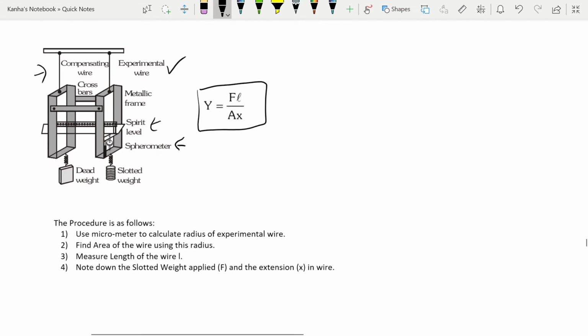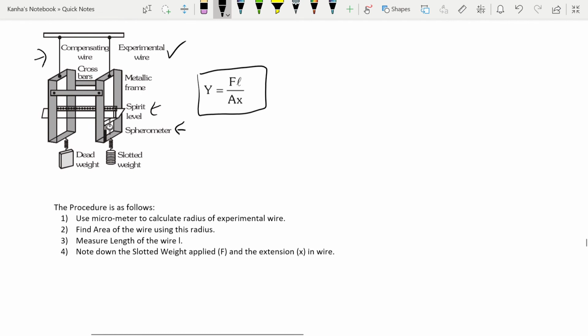The procedure they use is, first of all, a micrometer to determine the radius of the wire. Then they measure the length of the wire, and they note down the load applied. Load is basically your weight applied, and the corresponding increase in length x, and then they easily find Y by using this formula.